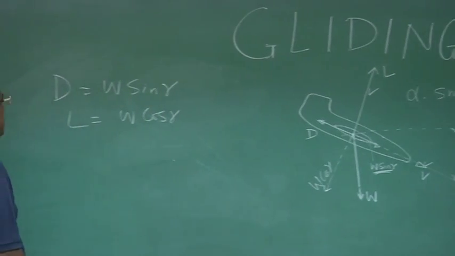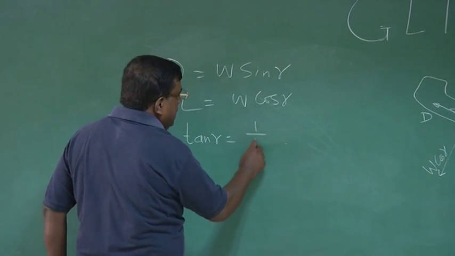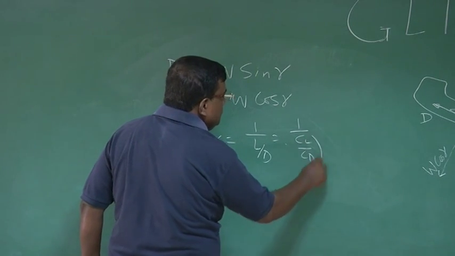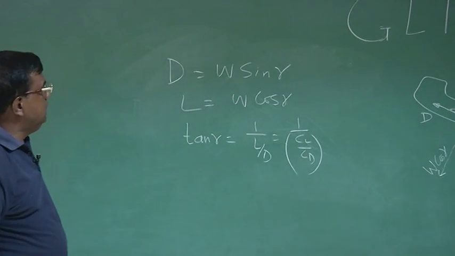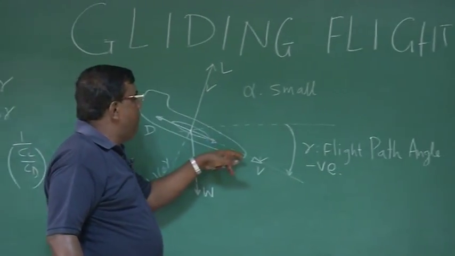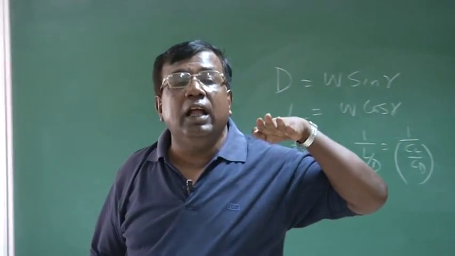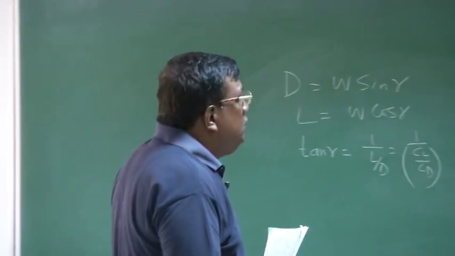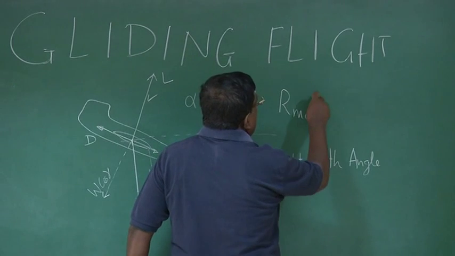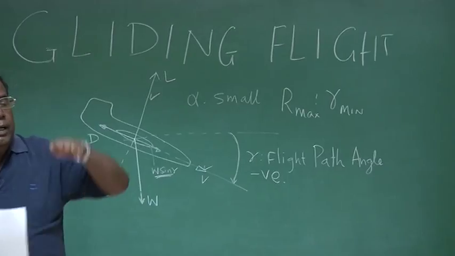If I write this equation, I can easily show that tan gamma is equal to 1 by L by D, or 1 by CL by CD. Correct? What is gamma? Gamma is the flight path angle. Now think, if I want maximum range, that is, I want to go to a larger distance, then what should be the gamma? For maximum range, I should ensure that gamma is as low as possible. Right? I go like this.